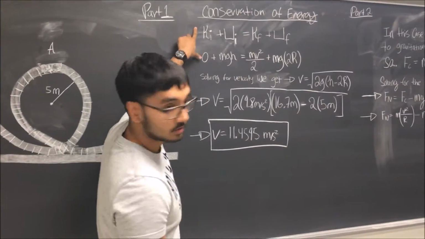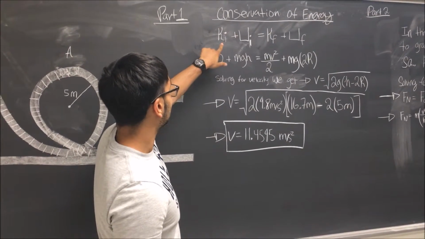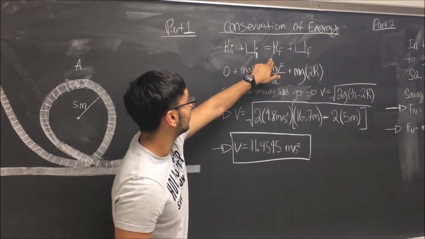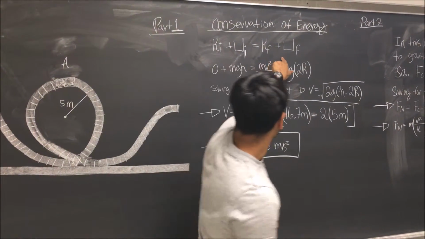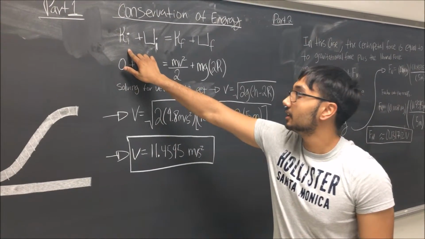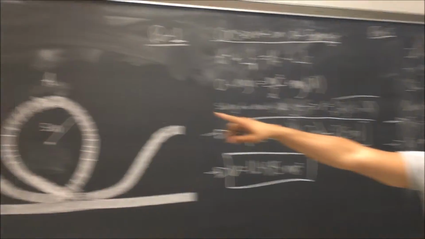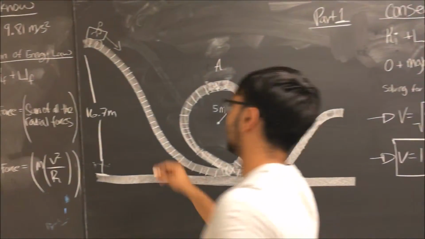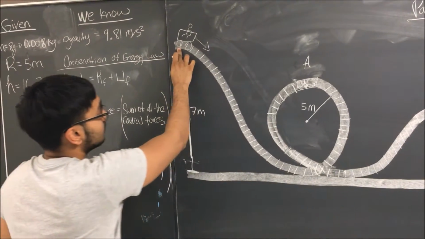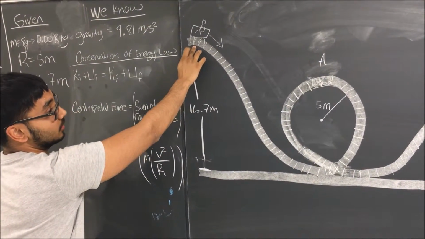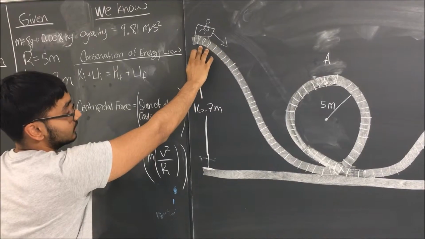So we go here. The conservation of energy, as I said before, kinetic initial plus potential initial is equal to the kinetic final plus the potential final. So the kinetic energy at the top of the roller coaster is going to be 0 because the cart is not moving at this point. So all the energy over here is the potential energy, which is over here on the top, because the cart is not moving.